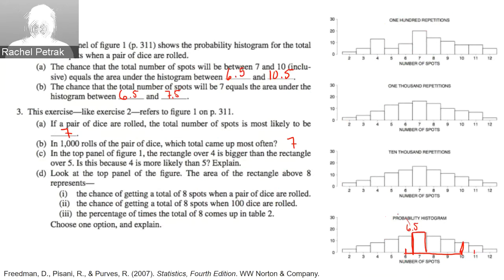Only the probability histogram represents probability. This empirical histogram just tells us the percentage of times a total of 8 comes up in table 2. That's it. This is based on the actual data and not probability. It just helps us in determining the probabilities.